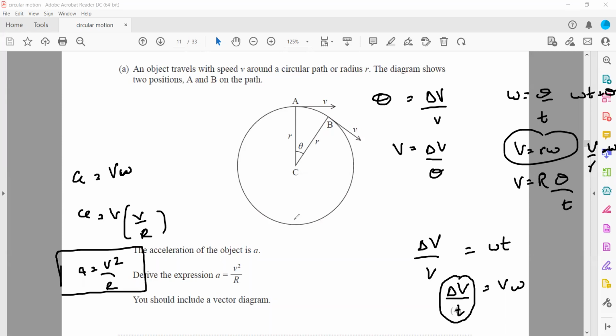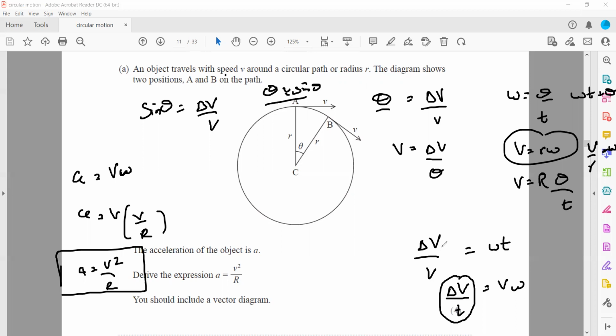So 1 mark, 2 marks are there for the vector diagram. After drawing the vector diagram, we work out that sine theta is perpendicular divided by hypotenuse, so that is delta V over V. But because theta is very small, sine theta and theta have the same value, so theta is delta V over V. And the other formula, omega is theta divided by t, so theta is equal to omega t.